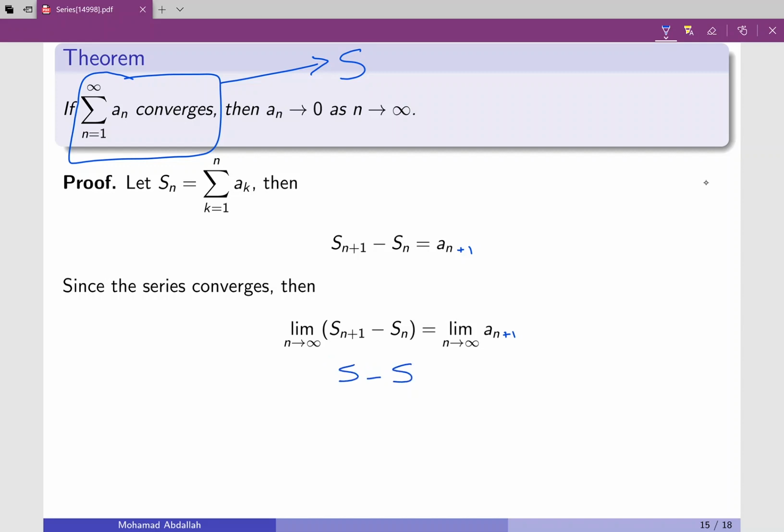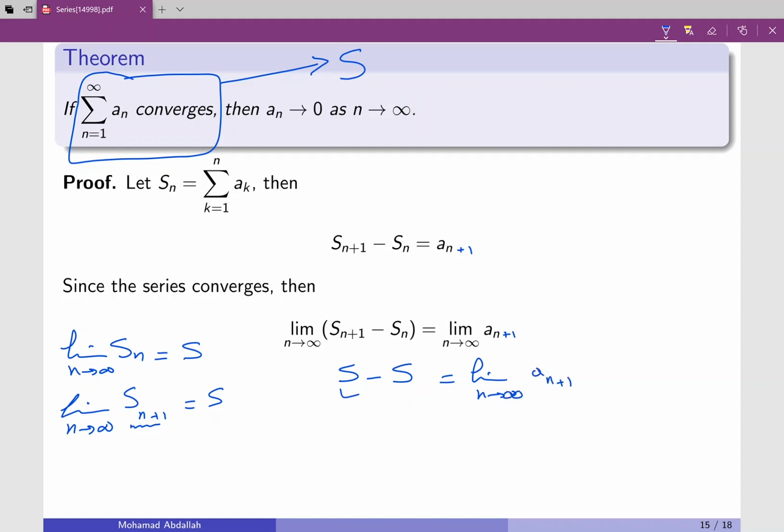Because if the limit of S_n when n goes to infinity is s, it's the same as the limit of S_{n+1} or S_{n+2} or even S_{n+million} or S_{n-million}, because it's like having s sub infinity. So this is equal to the limit when n goes to infinity of a_{n+1}. Now this is going to be 0, so the limit of a_n will be 0. If a_n goes to 0 when n goes to infinity, it's the same as a_{n+1} going to 0.